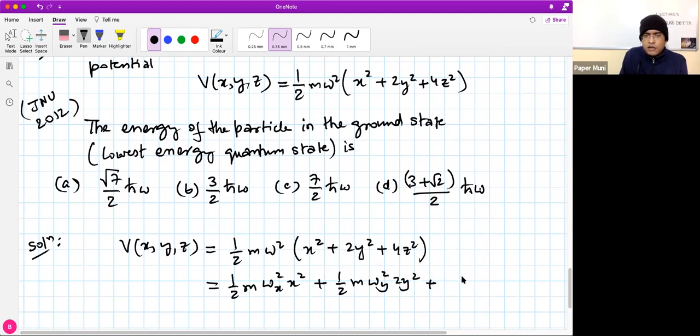We are separating each term out the way we want it. Now this is omega z square, and this is 4z square.